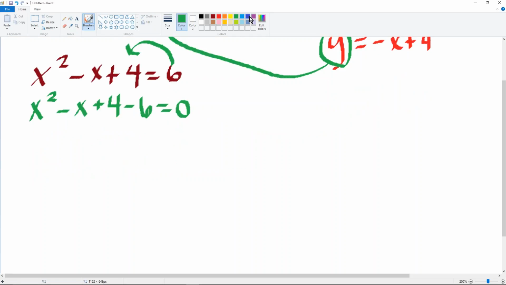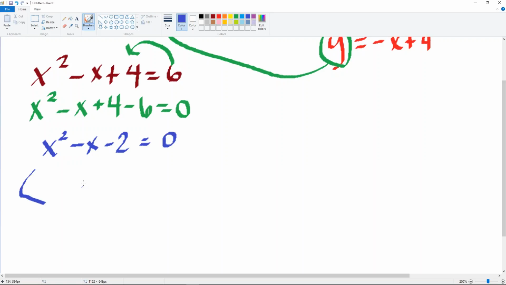And if you collect like terms, you have x squared minus x. x squared and x, you can't combine those. Okay. 4 minus 6 is negative 2 equals 0.